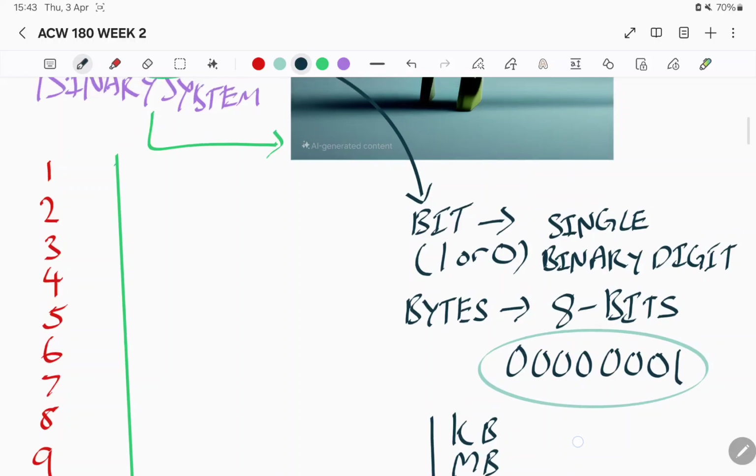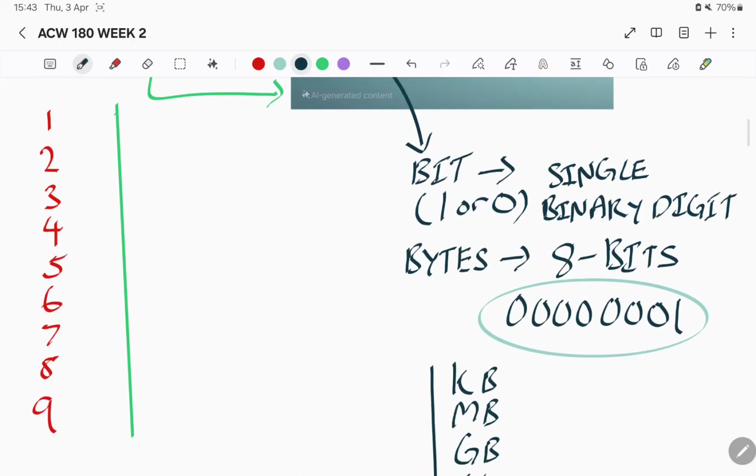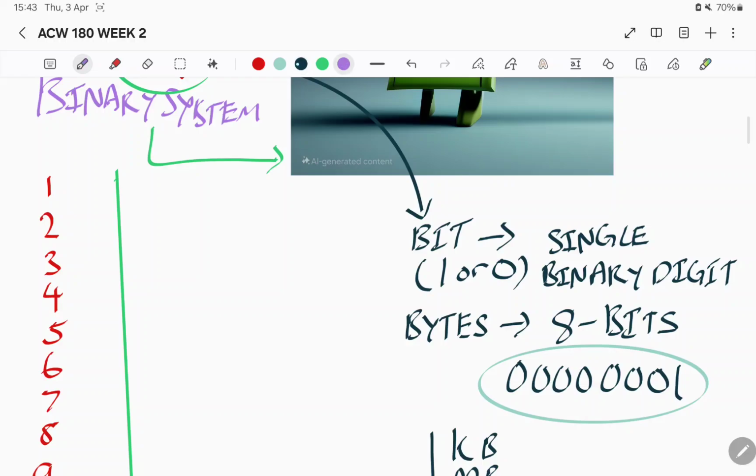They cannot think, and they only count in bits. If it is 1, it means there's electric input, which is yes, and if it is 0, there's no electric input, which is no.